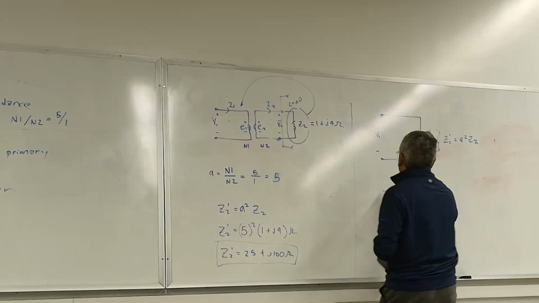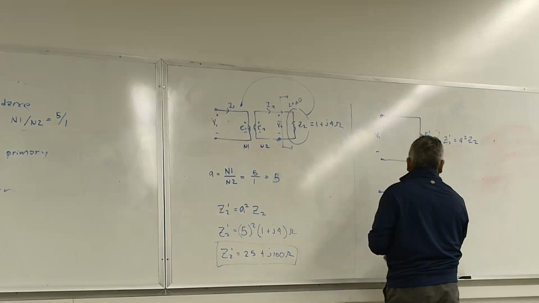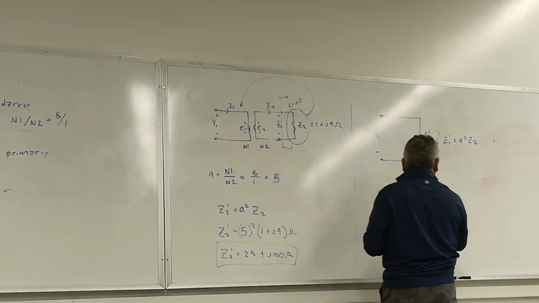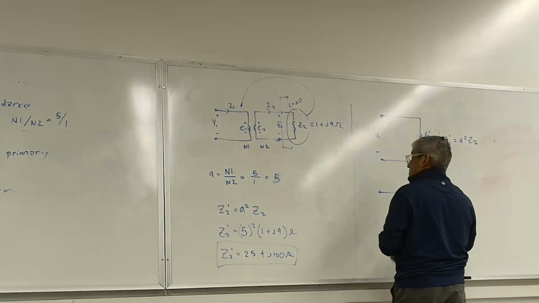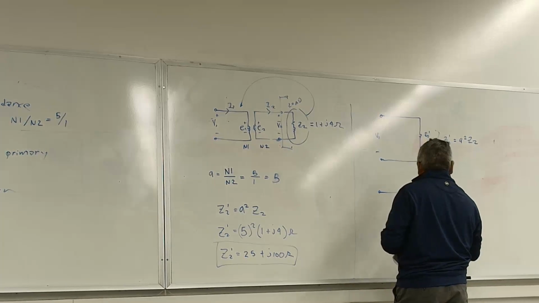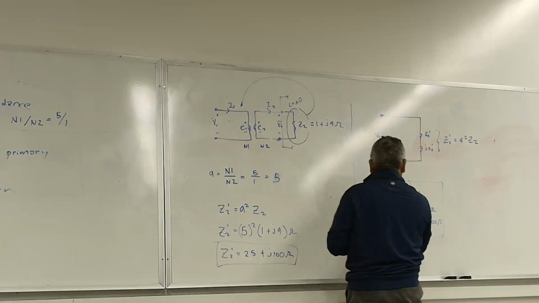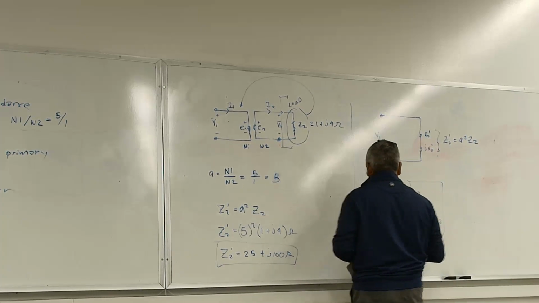Once we transfer it, this looks like this. This we said was 25 ohms, and this is J100 ohms. This is then V1 plus minus.